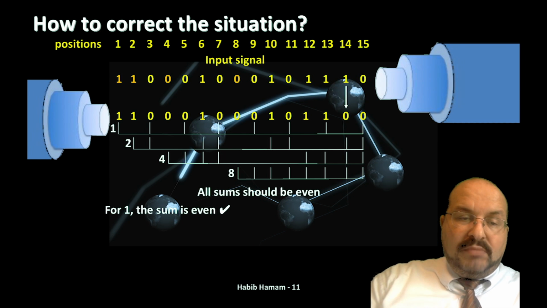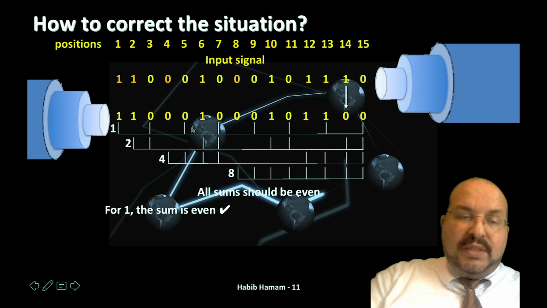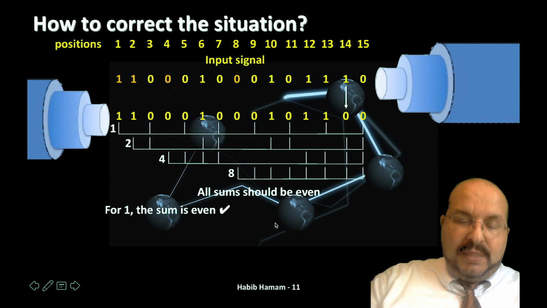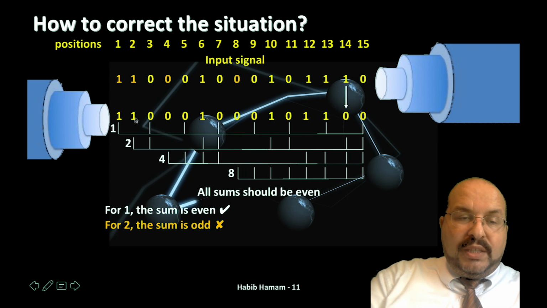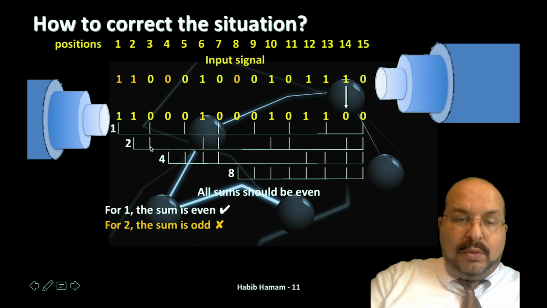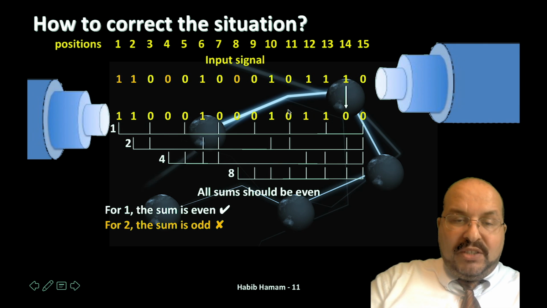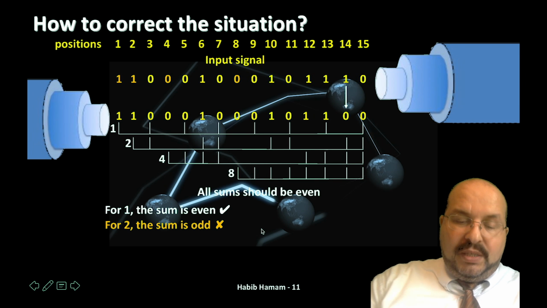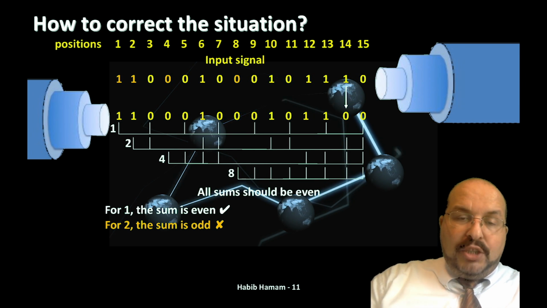For 1, if I calculate what is selected for 1, it gives me something even. Is fine. Now for 2, I know we can do it together. So for example, 1 plus 0 plus 1, it gives 2, plus 0, still 2, plus 1, 3, plus 0, 3, plus 0, plus 0. 3 is not even, so it's not good. So for position 2, the situation is bad.